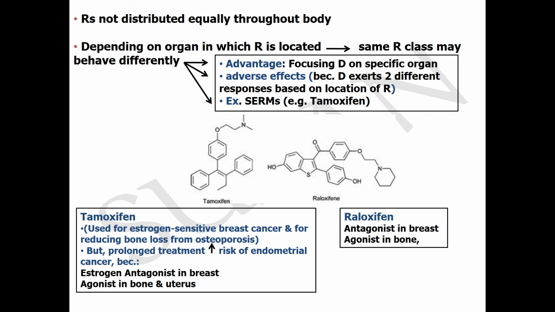However, another selective estrogen receptor modulator is raloxifene. Raloxifene can act as an antagonist in the breast and therefore is used for estrogen-sensitive breast cancer, and as an agonist in bone for osteoporosis, and therefore it has fewer side effects and a lower risk of uterine cancer.